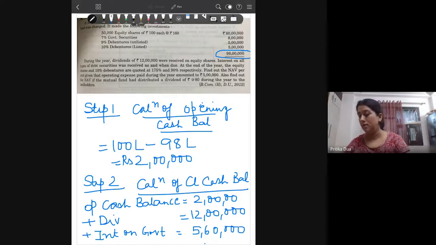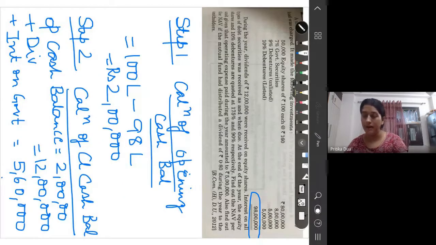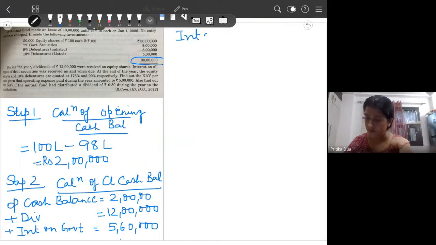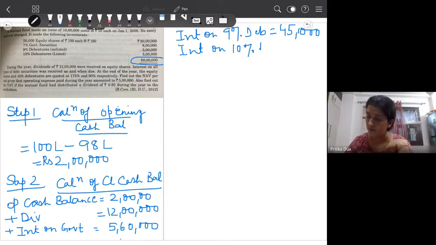Then interest on 9% debentures, 45,000. Interest on 10% debentures is 50,000.